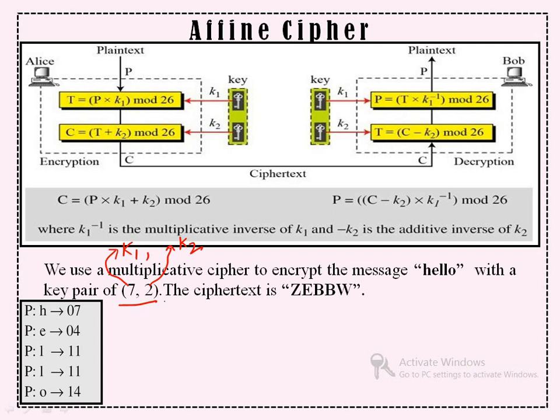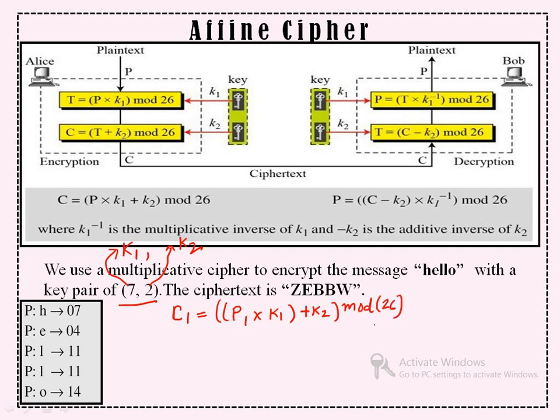So basically you have to perform the process where C1 equals P1 multiplied by K1 plus K2 mod 26.